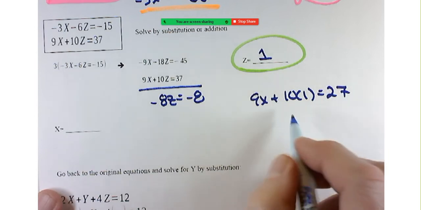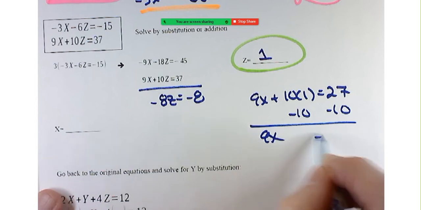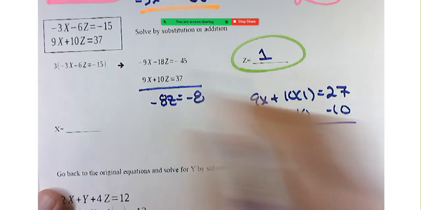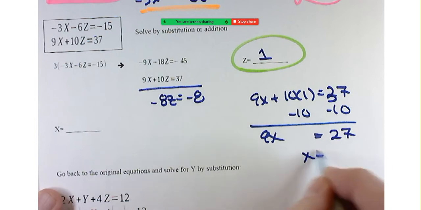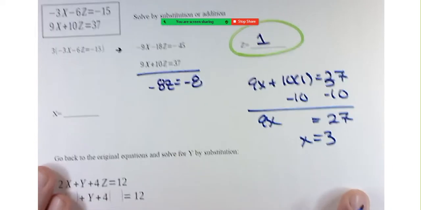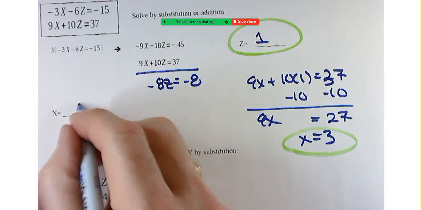I'll subtract 10 from both sides. 9x equals, should have been 37, my bad. Now I get the 27 that I wanted. X equals 3. So 2 down. X equals 3, z equals 1.